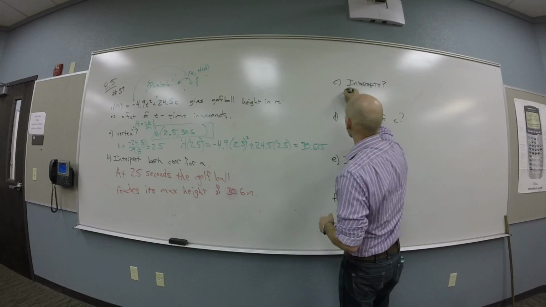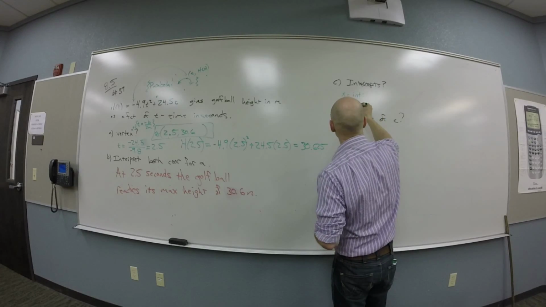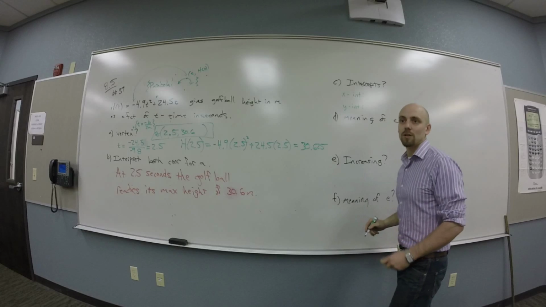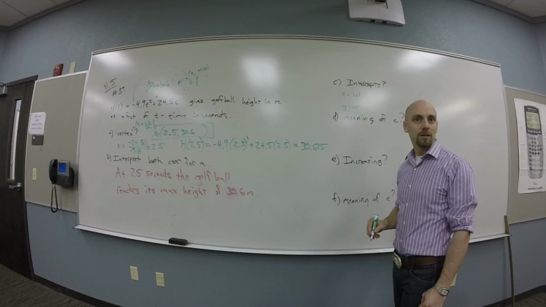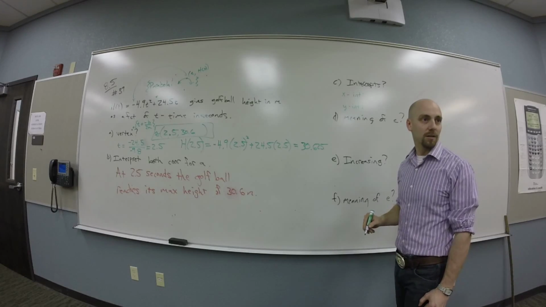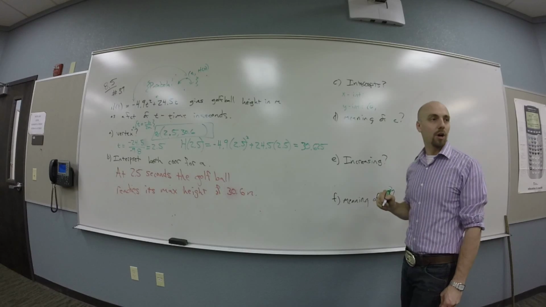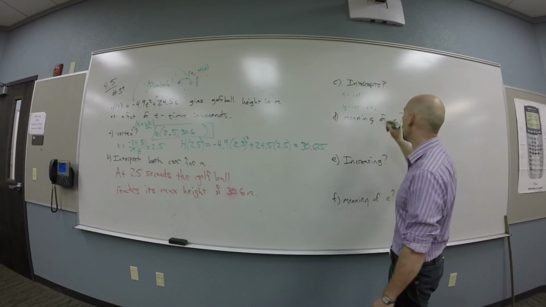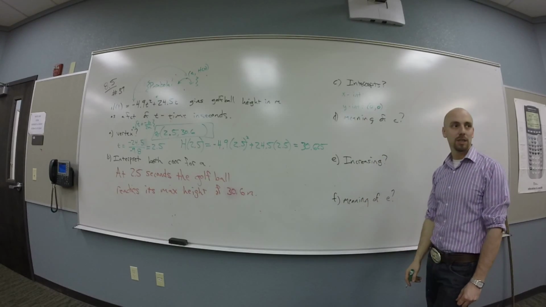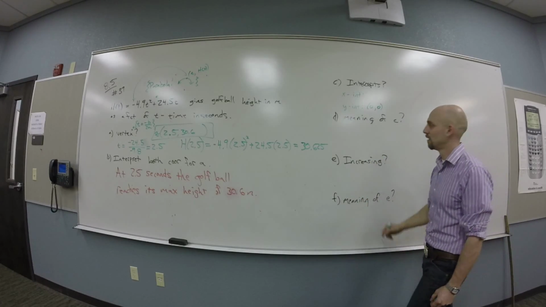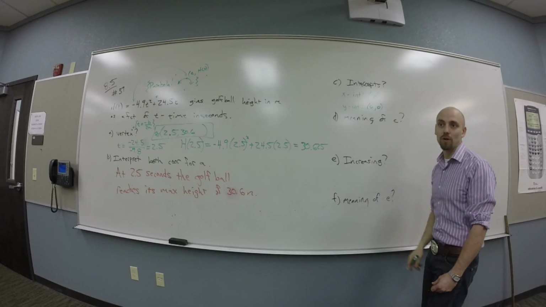So the y-intercept is 0, 0. And the x-intercepts include 0, 0. That one gets counted full.